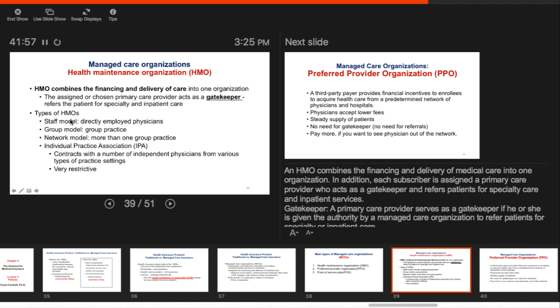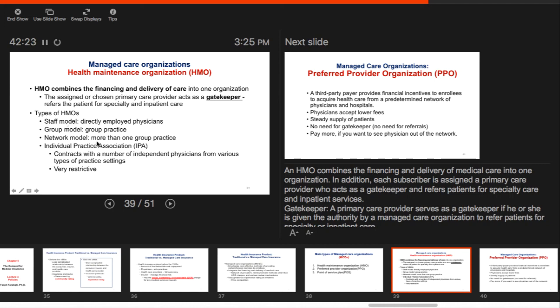The second type of HMO is the group model. This group practice is employed by the HMOs, and they are paid by the HMOs. The network model is more than one group practice, employed by the HMOs.